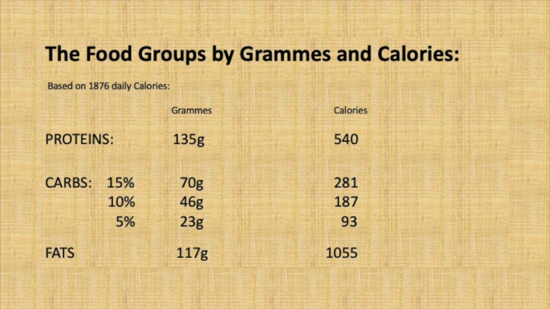So my daily calorie allowance, 1876, of which protein 540 calories, of which low carb 281 calories. The remaining amount of 1055 is the number of calories per day I have to allocate to fat.